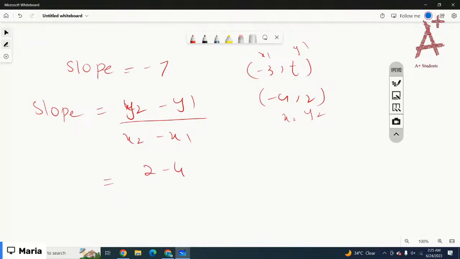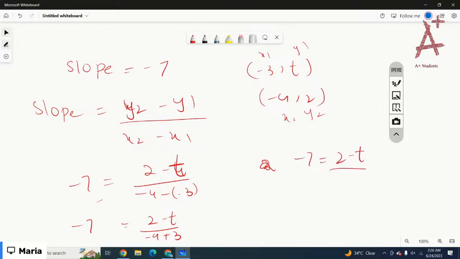It would be 2 minus t over negative 4 minus negative 3. It would be 2 minus t over negative 4 plus 3. The slope is negative 7. Sorry, I forgot to write slope. Okay, so negative 7 equals 2 minus t over negative 4 plus 3, which is negative 1.